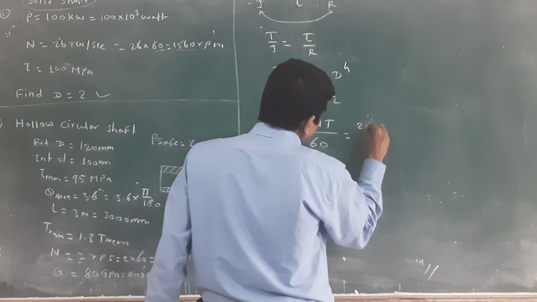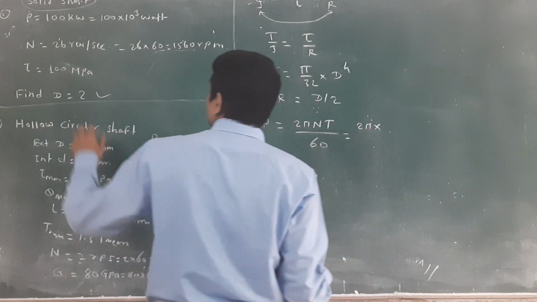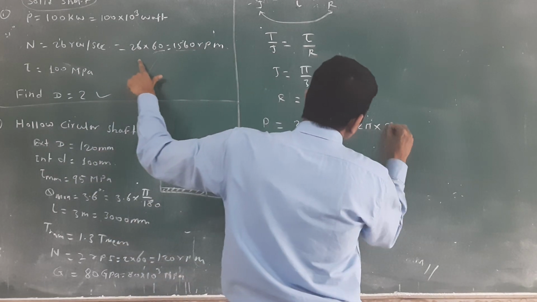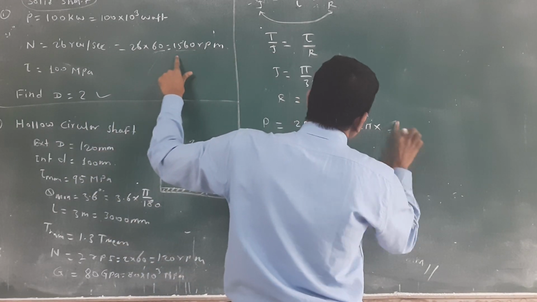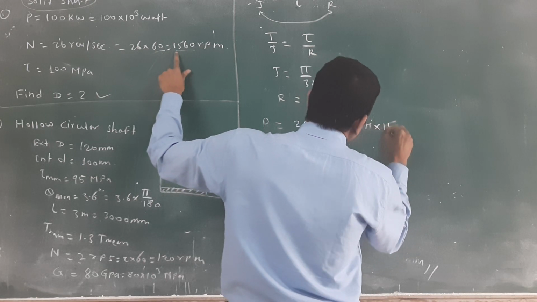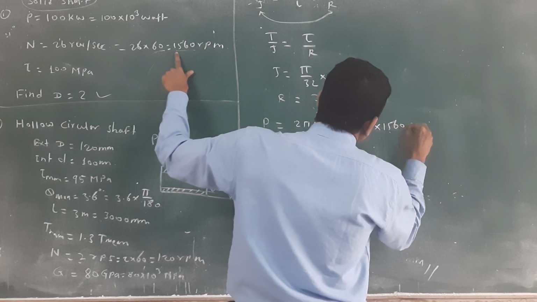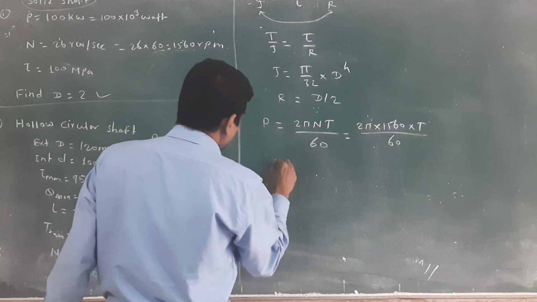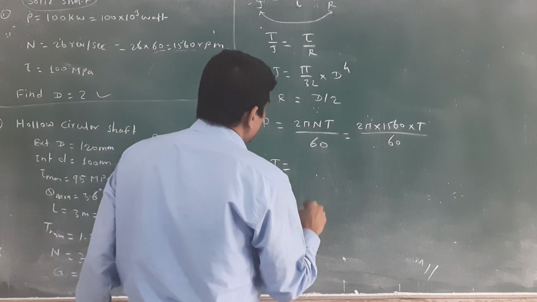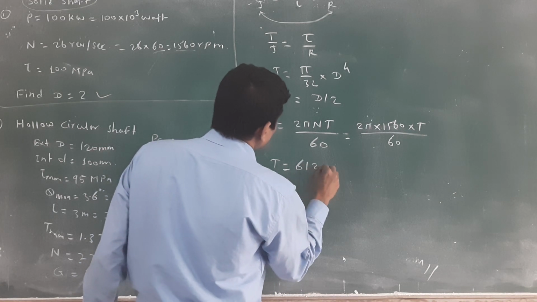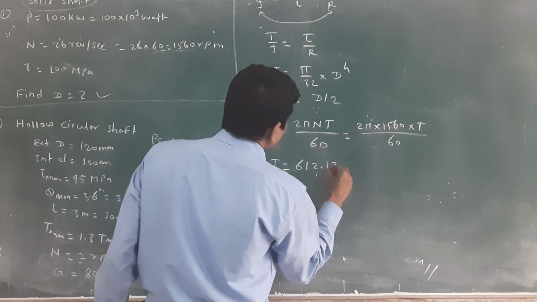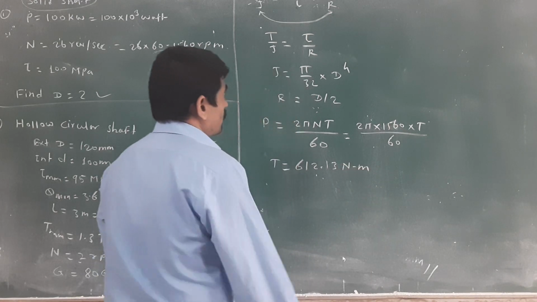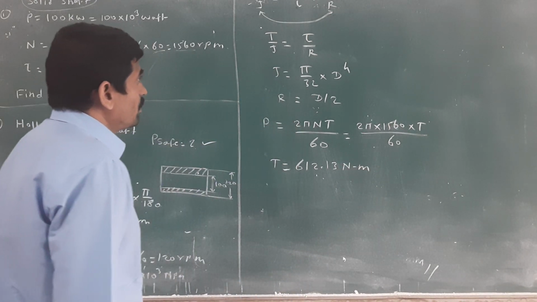The constant remains as it is, 2 pi, and N is revolutions per minute, converted to 26 into 60 is 1560, into T as it is. We don't know T, so you will get T. If you calculate it, T is equal to 1612.13, and you will get it in Newton meter.